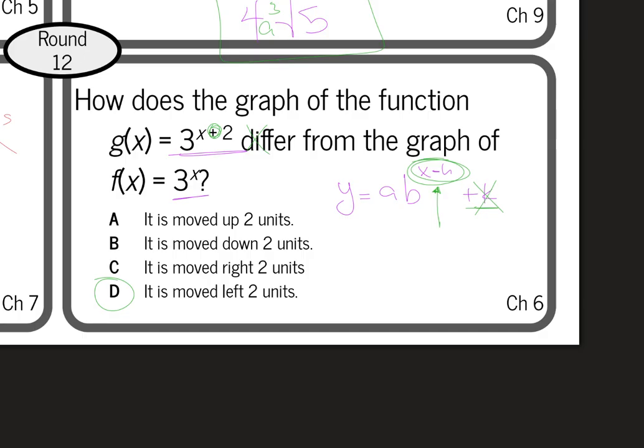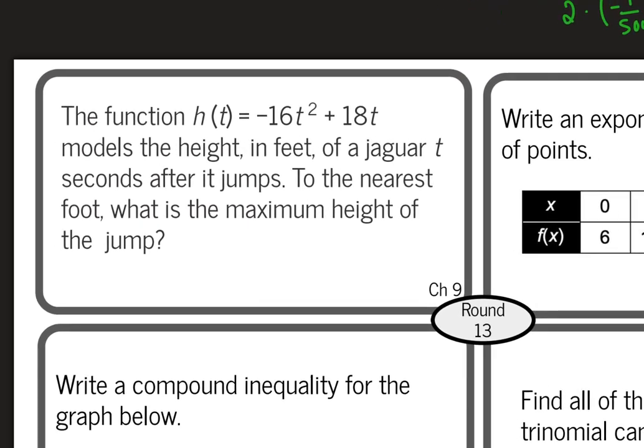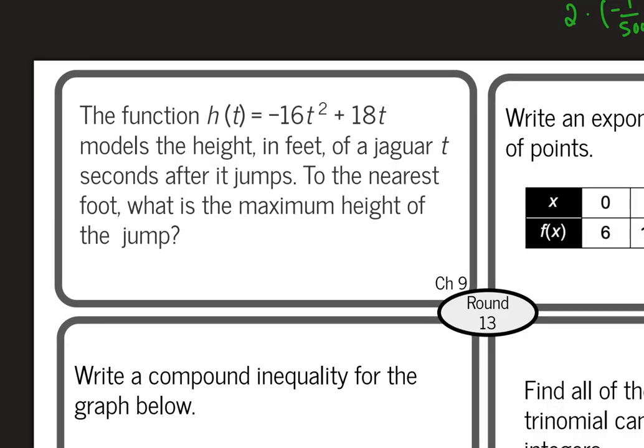So it's the opposite. The function h of t equals -16t squared plus 18t models the height in feet of a jaguar t seconds after it jumps, to the nearest foot. What is the maximum height of the jump? To find a maximum, you need a vertex, and -b over 2a is going to give you the x part of the vertex.